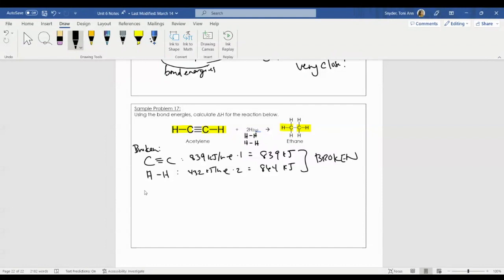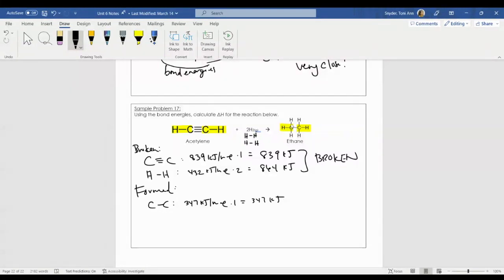Let's take a look at bonds that are formed. Looks like I'm forming a carbon-carbon single bond in this case. So my carbon-carbon single bond has a bond energy of 347 kilojoules per mole. And there's one of them. So that's 347 kilojoules.